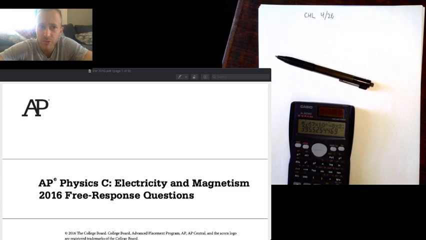So just do the amount of physics that is appropriate for you given your personal mental state and interest level right now. Because I'm kind of assigning a lot, and I don't really care how much you do. Just do the amount that's appropriate for you and your goals. Okay? So let's get to work on a 2016 Electricity and Magnetism free response.